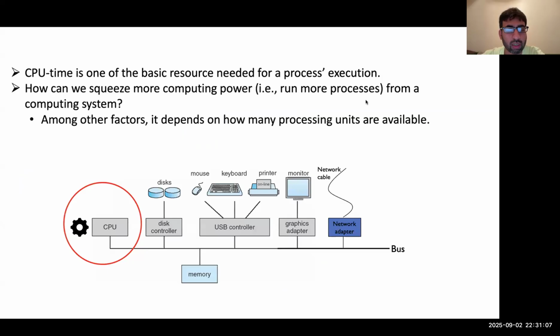The power is measured, for our purposes, by how many processes we can run on a given computer at a time.